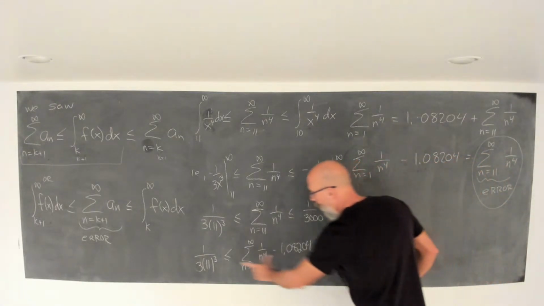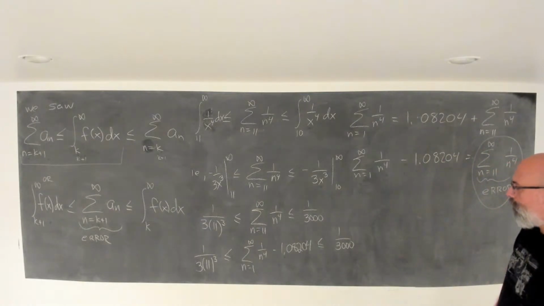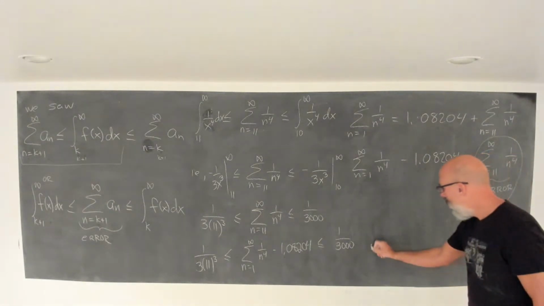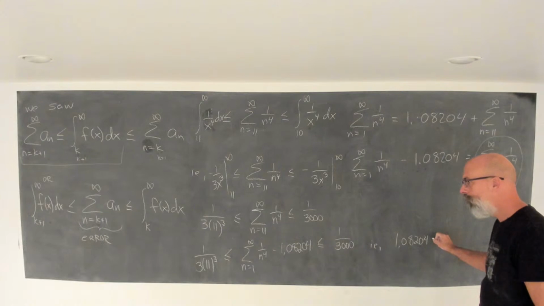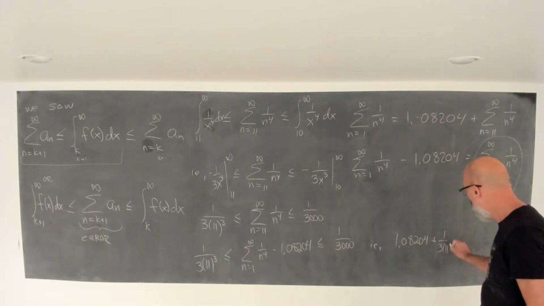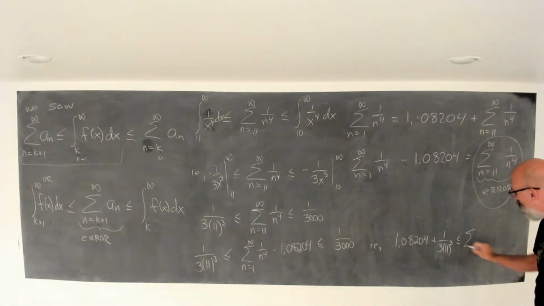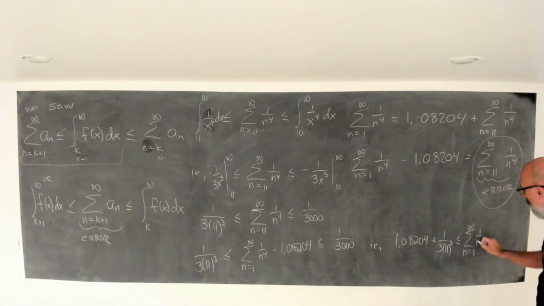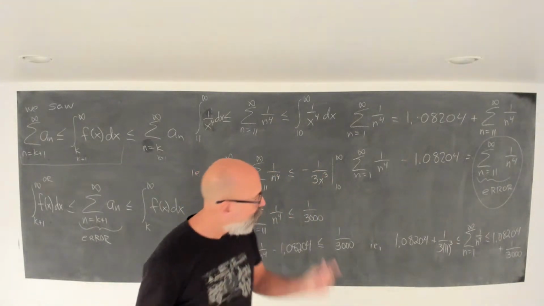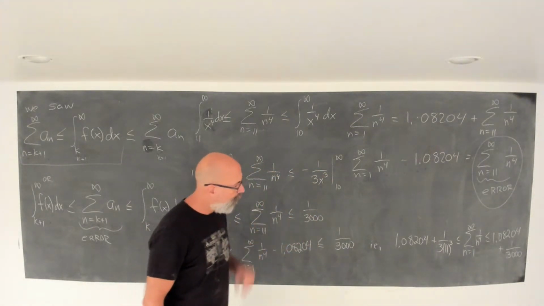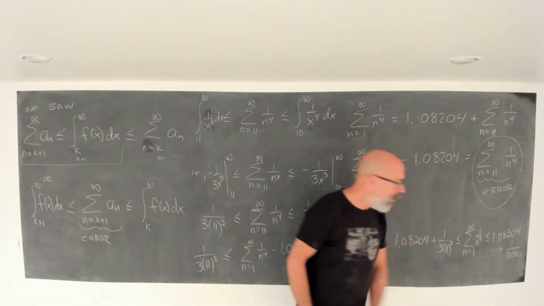Or, if you want to add 1.08204 everywhere, you get a nice, very small interval in which this lives.